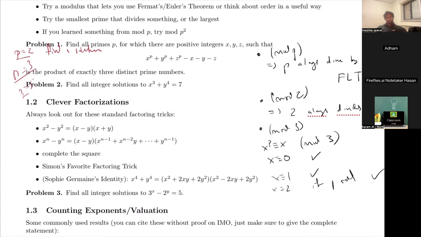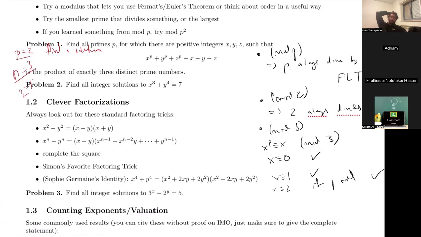And I showed that the only cases that work are x is congruent to 3 or 6, which also implies that y has to be congruent to 1 or 6. And after really long algebra, it doesn't seem to work in the end. But I'm pretty sure it could be solved in a simpler way.